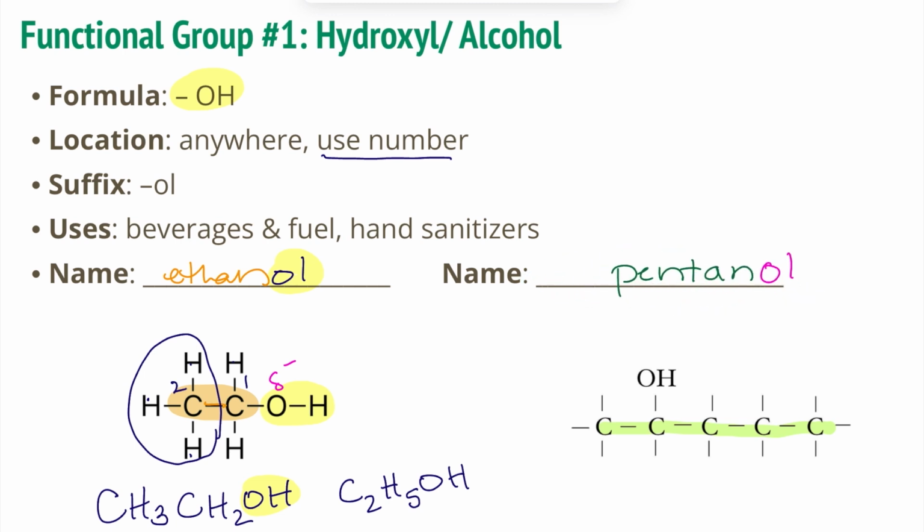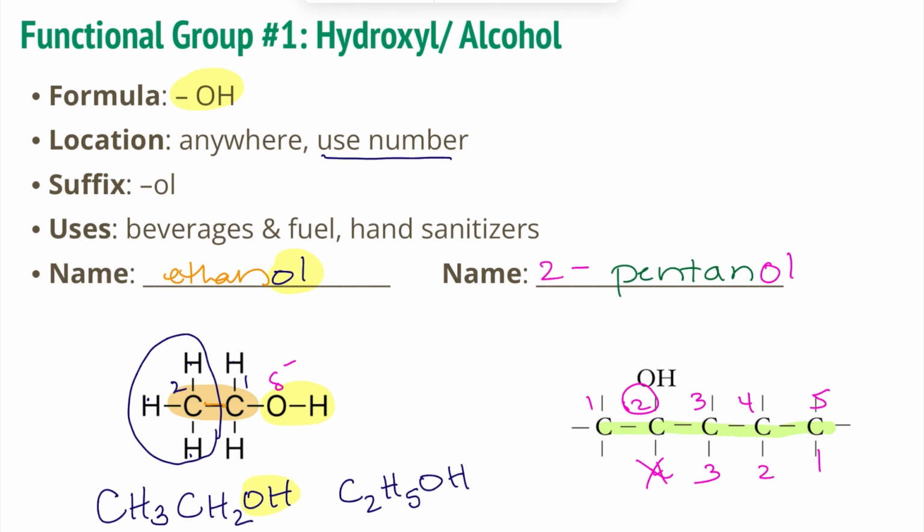I need to say, though, where is that? It could be anywhere, so I need to do my numbering so that it is at the lowest spot. This is going to be 2 pentanol, because we wouldn't number 1, 2, 3, 4 since 2 is less than 4. So this would be 2 pentanol.